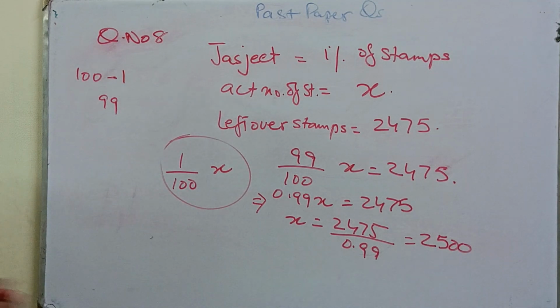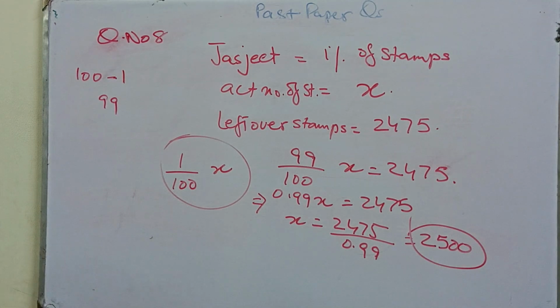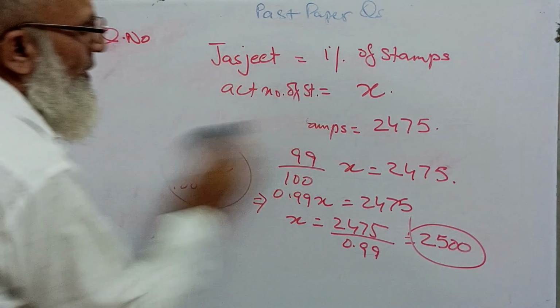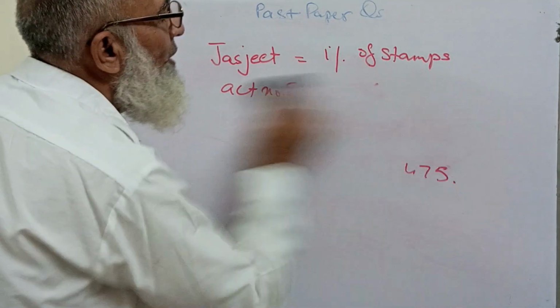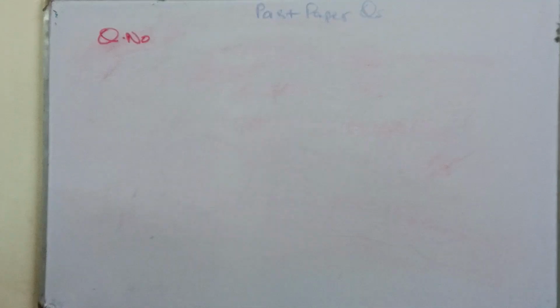Okay. This is your answer. Actual number of stamps 2500. Only one question. This was question number 9, in fact. The last question which I solved on the board is question number 9.